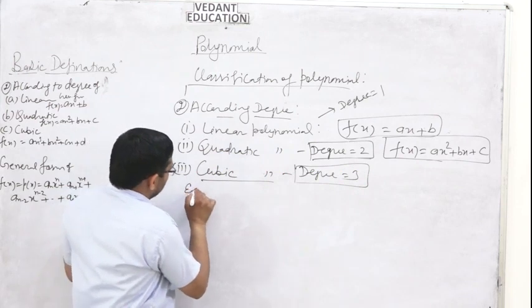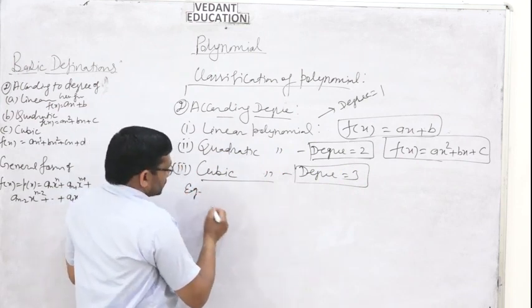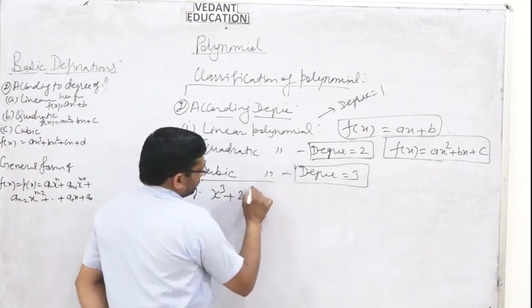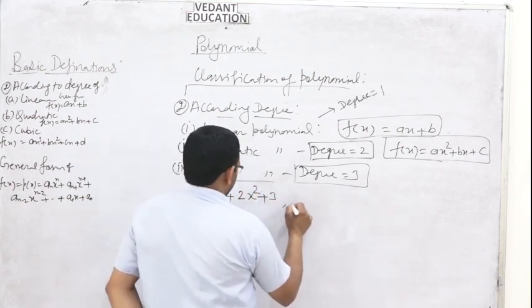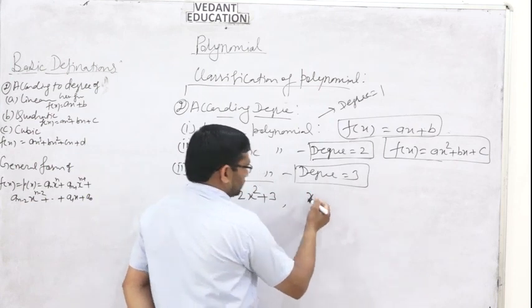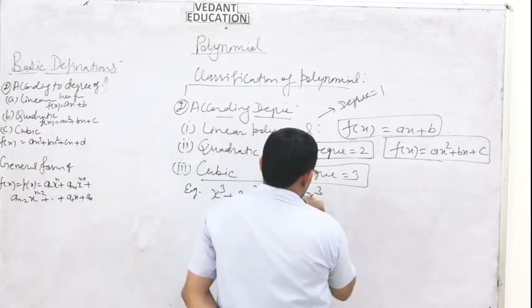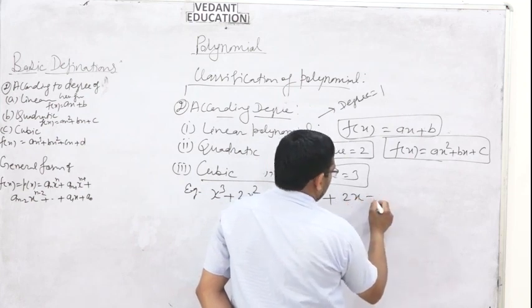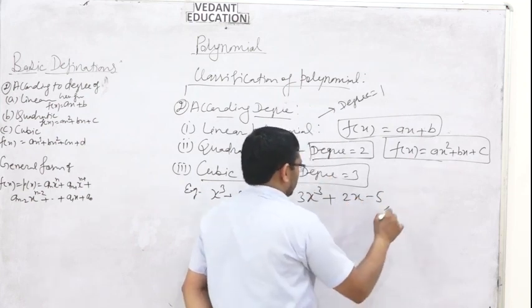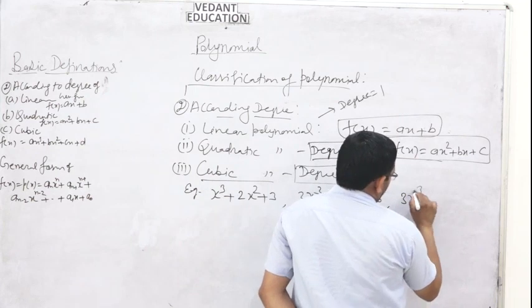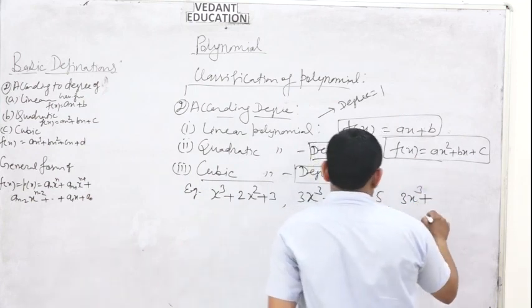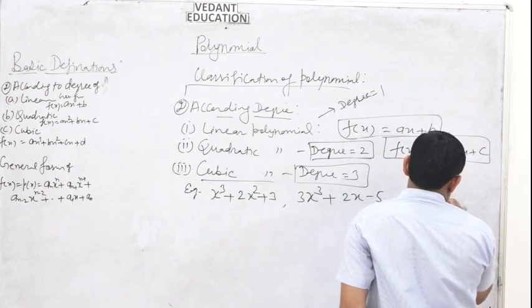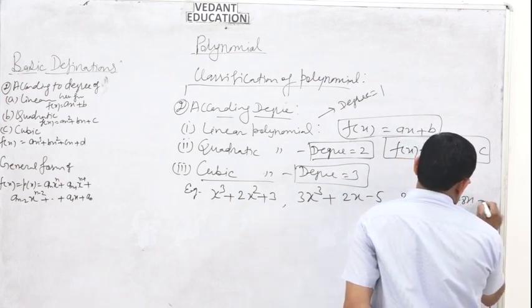For example, suppose x cube plus 2x square plus 3. We can also write 3x cube plus 2x minus 5. 3x cube plus 9x square plus 8x plus 6.